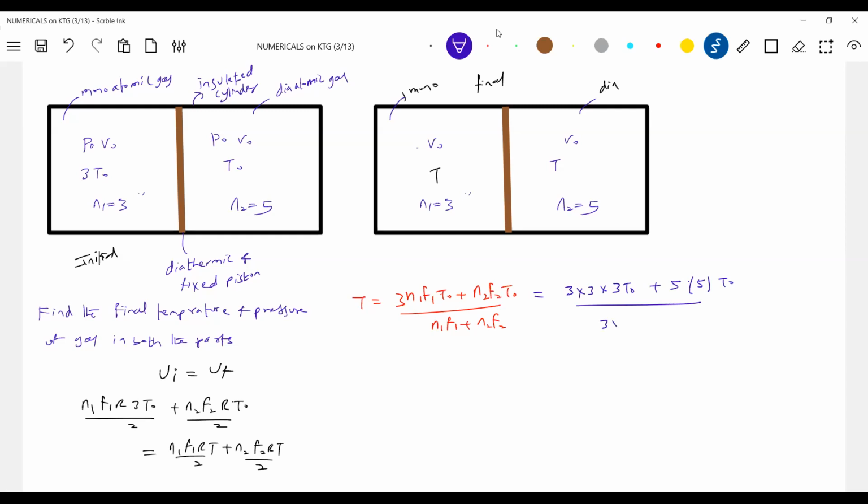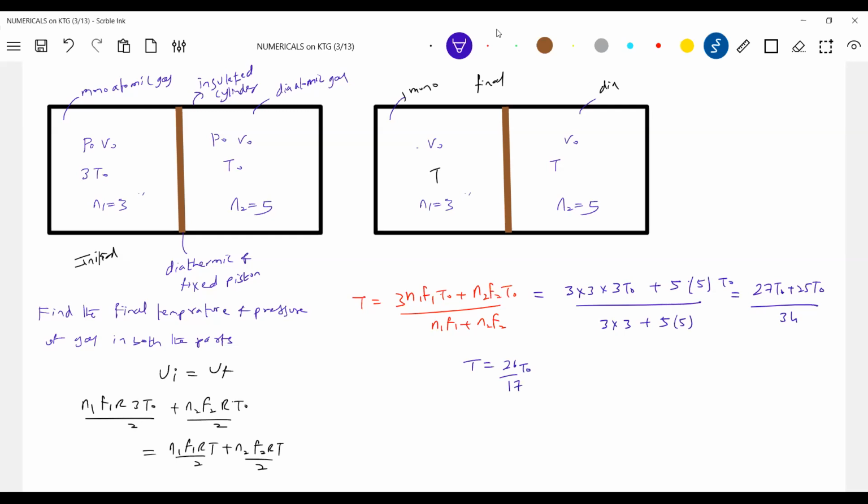That gives 27 T naught plus 25 T naught, by 9 plus 25, which is 34. So the final temperature of the gas will be 52 by 34, that is 26 by 17 T naught. Like this, simple.